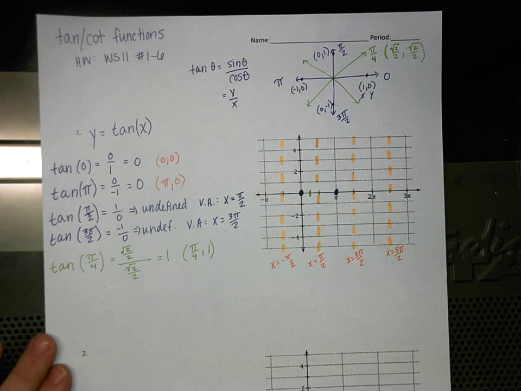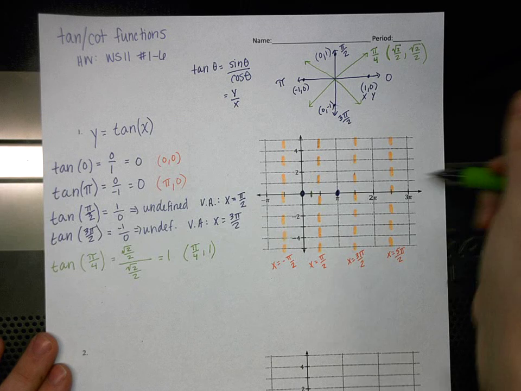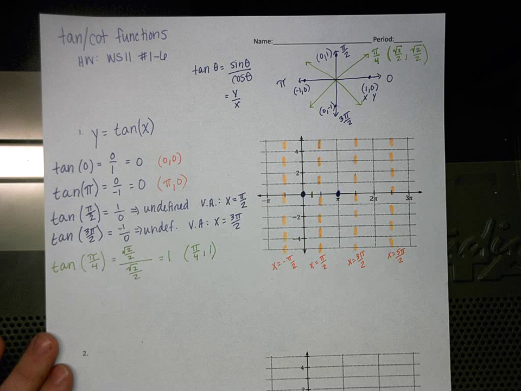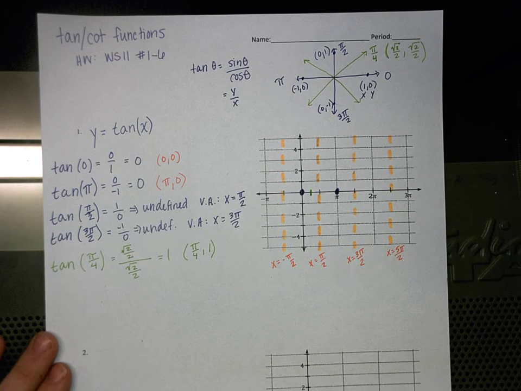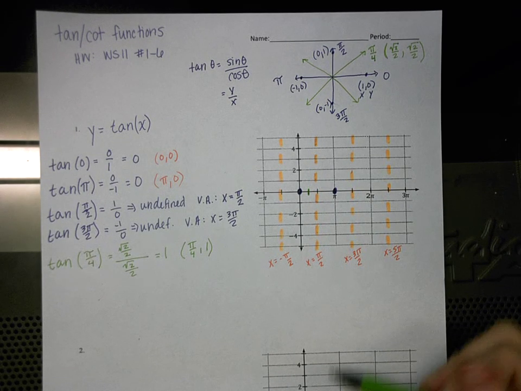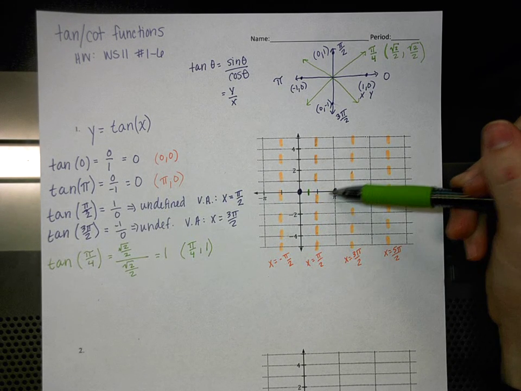Now, on your homework, this is something that I saw a lot. You would plot a point, but not necessarily mark off the x value. It makes it a lot easier if you're marking off your x values of your increments. Because when you have a pi over 6 increment, let's see, from worksheet 9, there were a lot of you on number 12, that I said, or maybe 6 or 12, I said write in increments of pi over 6, which means you need to split up your x-axis to pi over 6, 2 pi over 6, 3 pi over 6, 4 pi over 6, 5 pi over 6, 6 pi over 6.